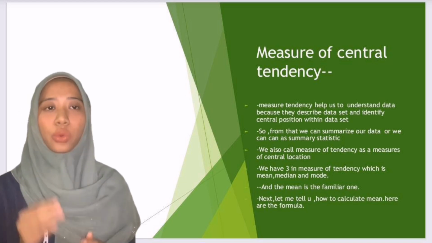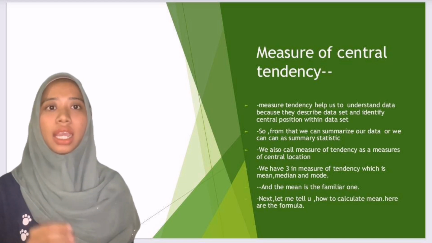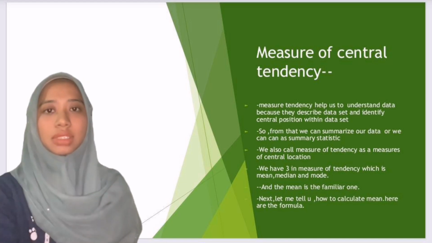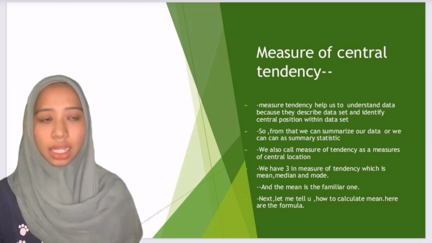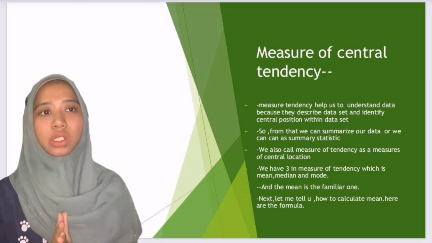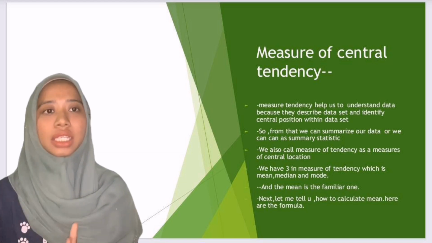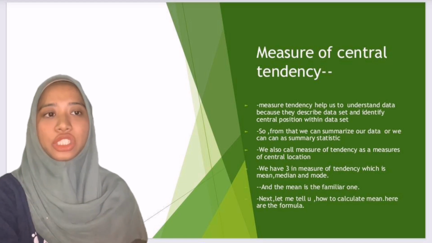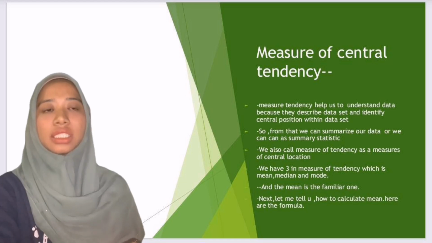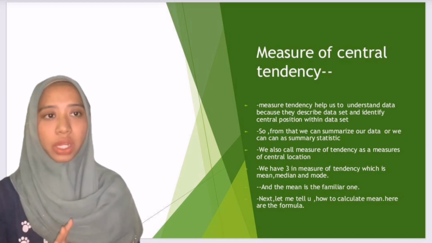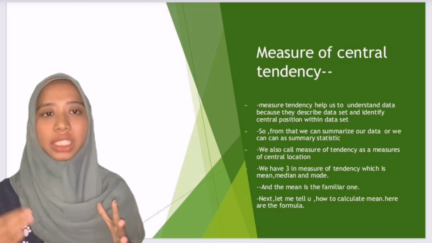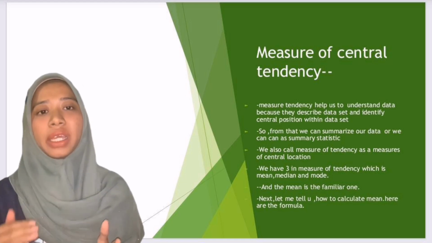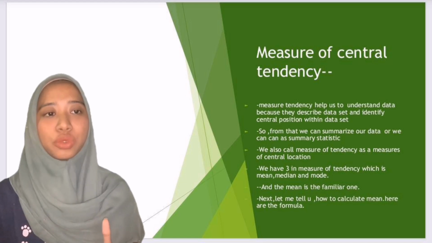So, from that, we can summarize our data and we can call it a summary statistic. Some people call them a central location. In central tendency, we have 3 points, the familiar ones: mean, median and mode.